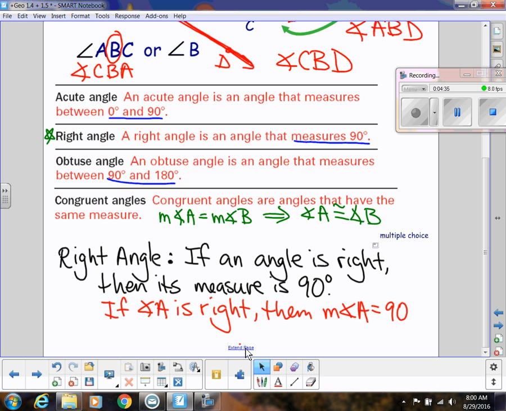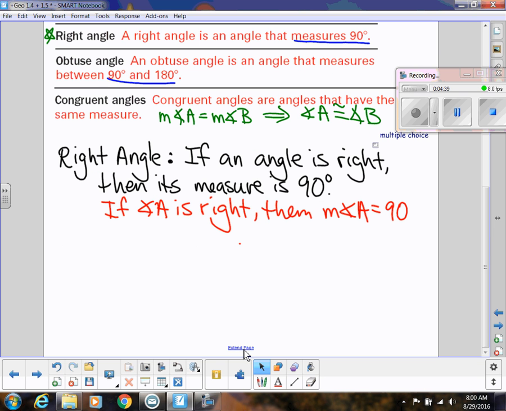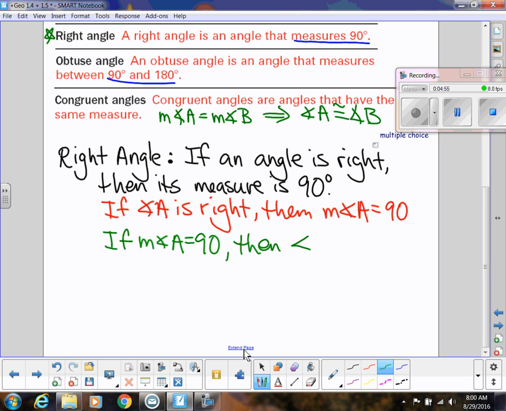And since this is a definition, we're going to write it the opposite way. It goes both ways. So I could also say if the measure of angle A, angle A, not 2 angles, the measure of angle A equals 90, then angle A is a right angle.